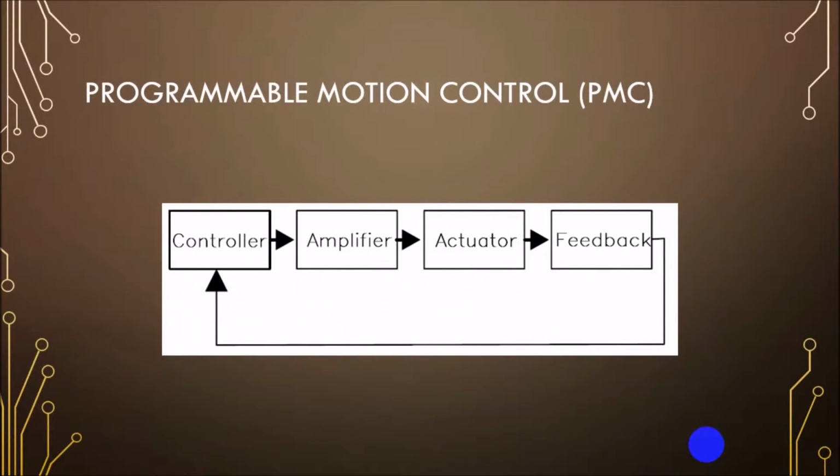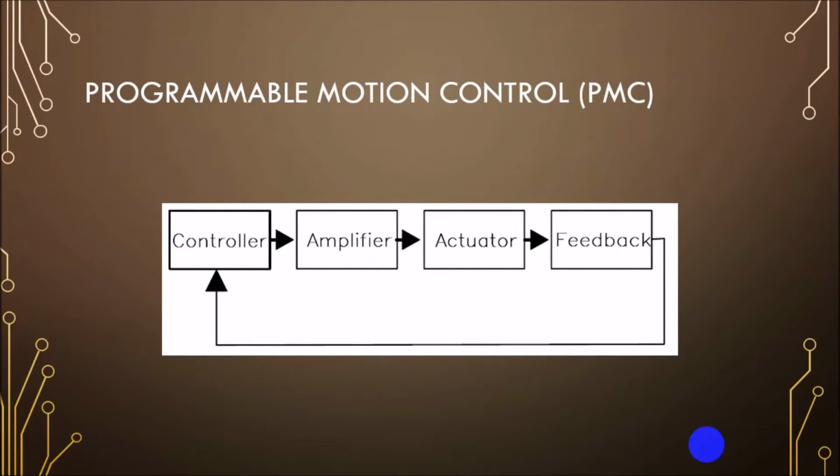PMC, programmable motion control, is defined as the application of programmable hardware and software in conjunction with input sensory devices, actuators, and other feedback devices for the control of one or more linear or rotary motions.